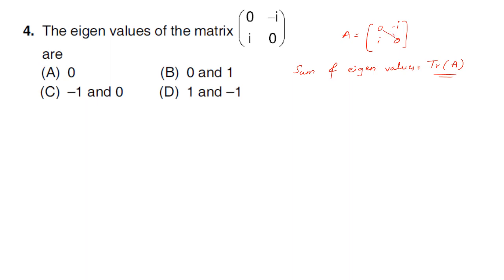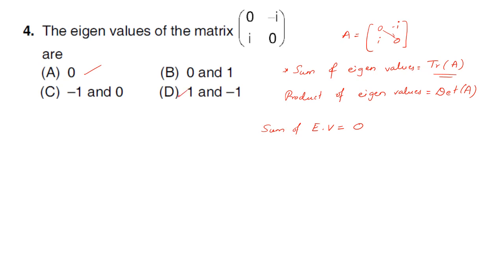So trace of matrix A, or sum of principal diagonal elements, is nothing but sum of the eigenvalues, and then product of eigenvalues is given by determinant A. From first point we can say that sum of eigenvalues is equal to 0. So it is possible only for two options, A and D.